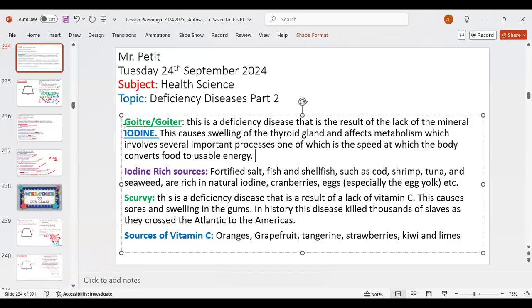Wyatt, let me ask you a question. Scurvy is a result of a lack of which vitamin? Vitamin C. Very good. And Alex, where's Alex? Goiter is a result of lacking what?